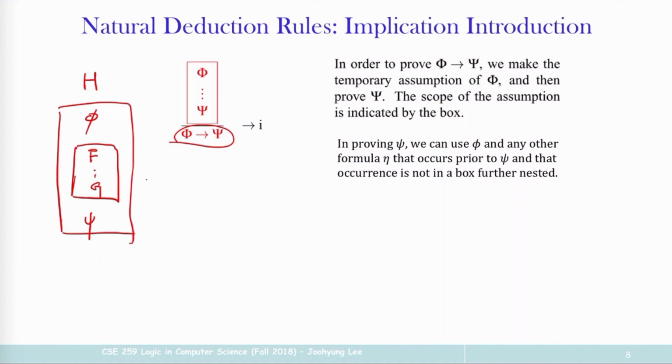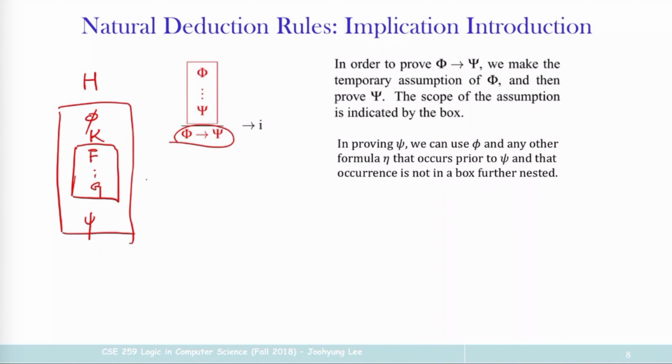Inside the current block, you can use the variables in the same block or the outer blocks, but you cannot use the variables inside inner blocks. So there are formulas F, G, and H here. Now if we want to derive this psi, you can use formula phi, and also maybe other formula K, because they are in the same box.